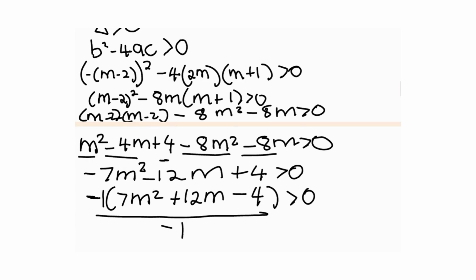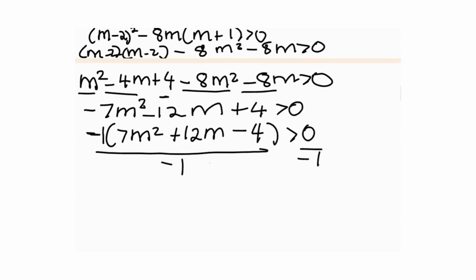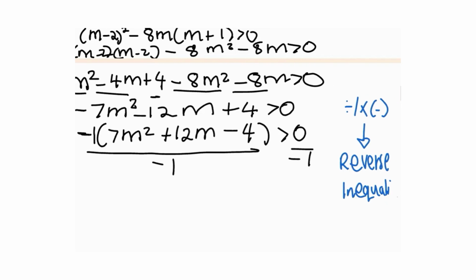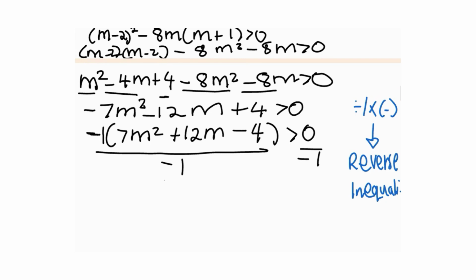Remember, guys, in inequalities, if you find yourself dividing or multiplying by a negative number, you reverse the inequality. So I have divided by a negative 1, meaning my inequality has to now be reversed to less than.